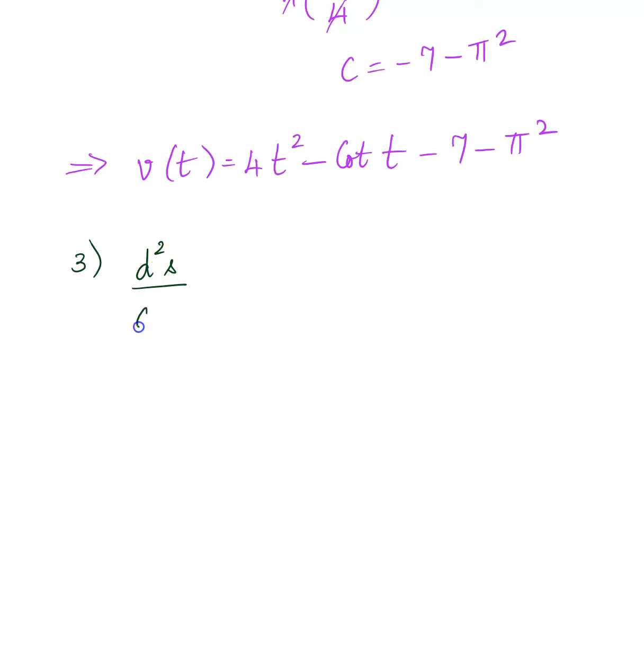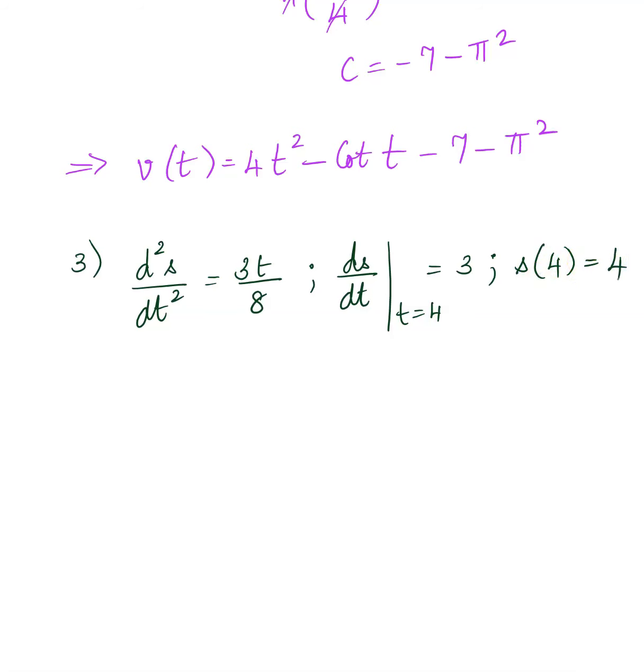d squared s over dt squared is given to be 3t over 8. ds over dt when t is 4 is given to be 3 and s of 4 is given to be 4. You see the second derivative there? It recalls our balloon problem where the package was dropped, because the second derivative actually indicates the acceleration.